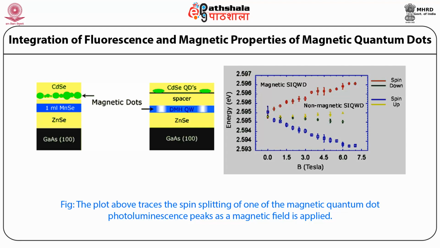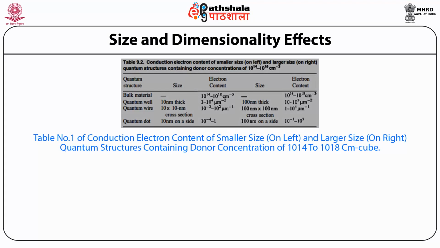The single peak at zero field is replaced with two peaks of opposite circular polarization. The enhanced Zeeman splitting of magnetic SiQWD samples is attributed to an enhanced local effect resulting from the contribution of nearby Mn ions. Let us discuss the size and dimensionality effect.